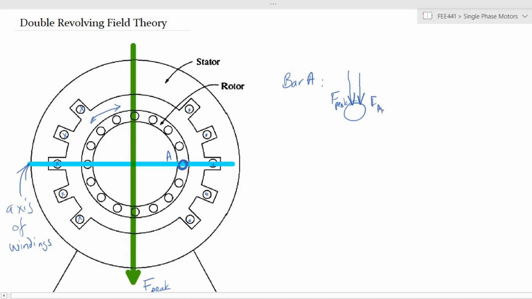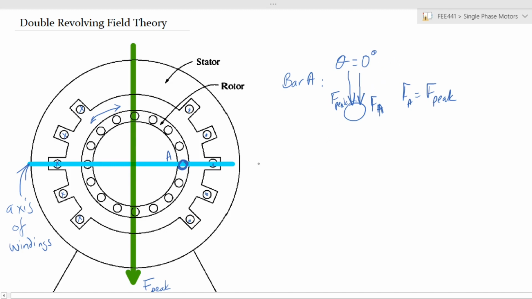That is the force that acts on bar A and enables it to rotate either in the clockwise or anti-clockwise direction, right? That force FA will be equal to F peak because both of them are acting in the same direction. The angle theta between the two is 0 degrees. So they are actually parallel to each other.